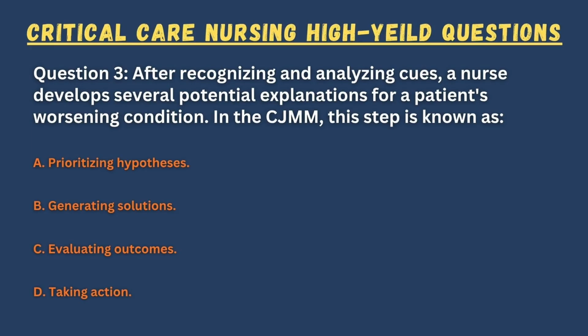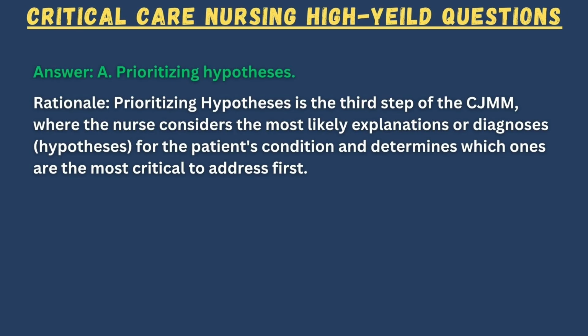D. Taking action. Answer: A. Prioritizing hypotheses. Rationale: prioritizing hypotheses is the third step of the CJMM, where the nurse considers the most likely explanations or diagnoses, hypotheses, for the patient's condition and determines which ones are the most critical to address first.